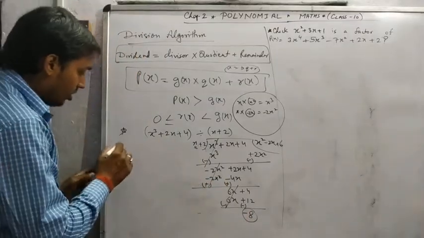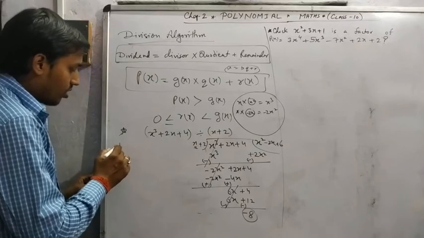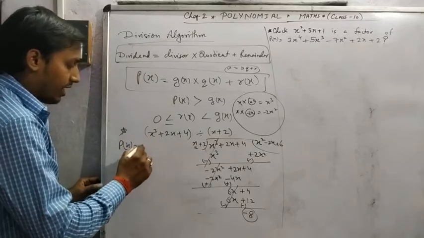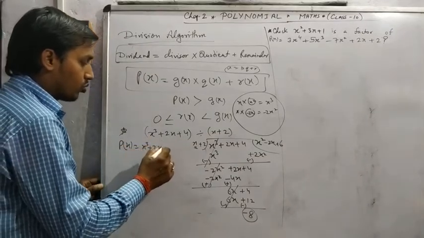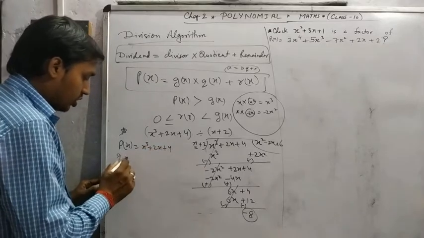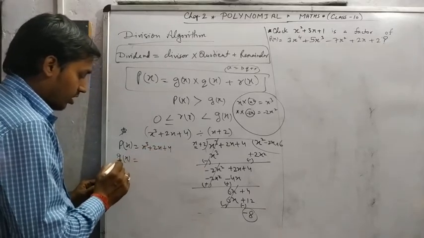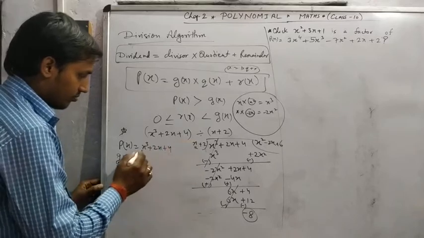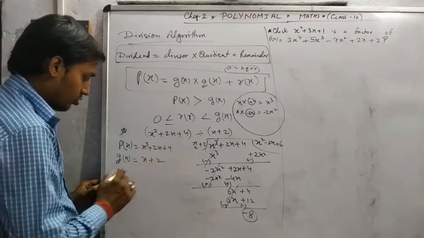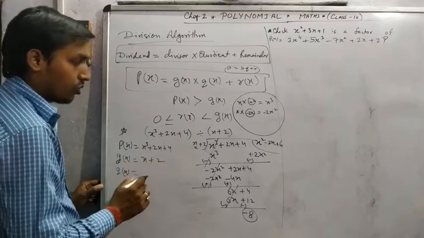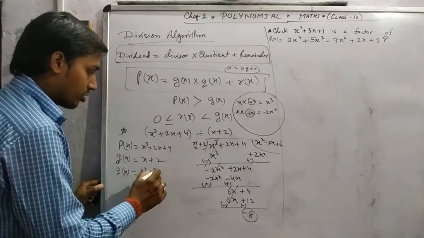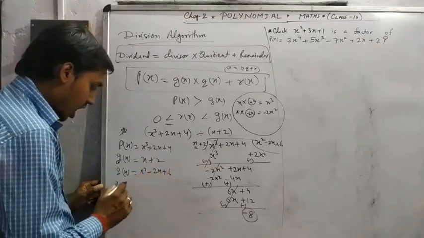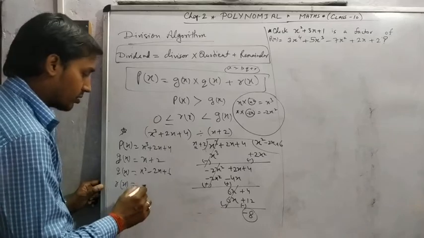So what do we get? P of x, the dividend, is x cube plus 2x plus 4. G of x, the divisor, is x plus 2. Q of x, the quotient, is x square minus 2x plus 6. R of x, the remainder, is minus 8.